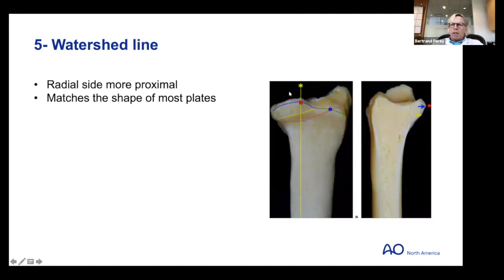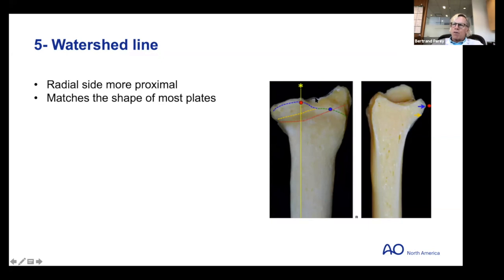Here's a bone model of that line, the blue side being on the lunate facet side and the green on the scaphoid facet side. If you look at this, it matches the shape of most distal radius plates. For newbies with distal radius plates, they'll often put it backwards because it looks more like a radial inclination if you put it backwards, but the plate is designed to be more proximally on the radial side.